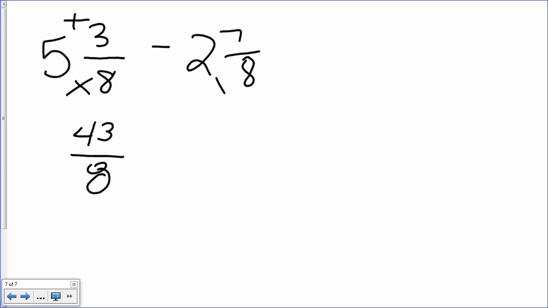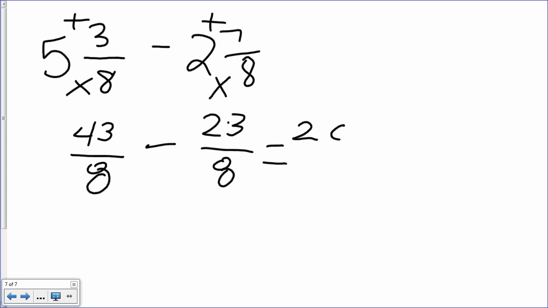So I'm going to multiply here, and then I'm going to add the numerator to it. So when I multiply 8 and 2, I get 16, and when I add 7, I get 23. So minus 23, and then I'm going to keep the same denominator, which is 8. Once I subtract, okay, 43 minus 23 will give me 20 over 8.